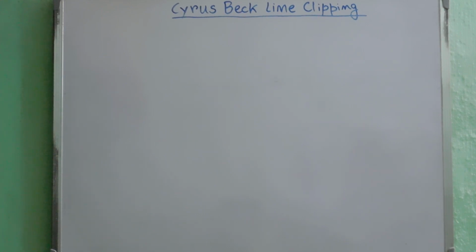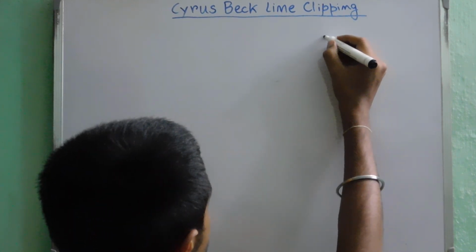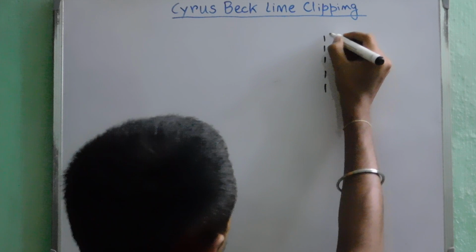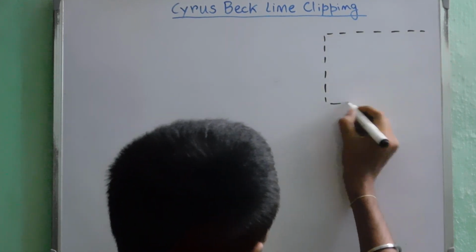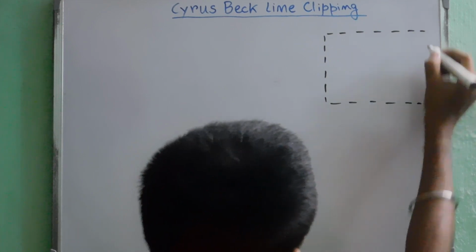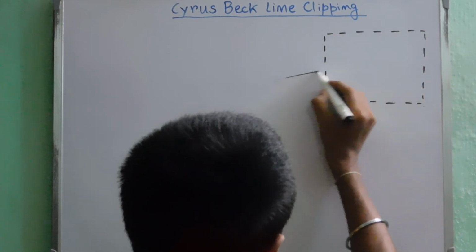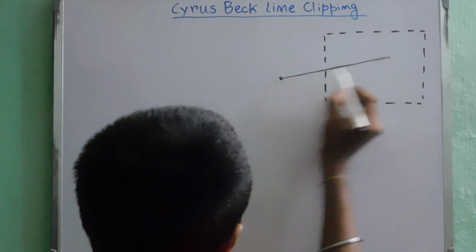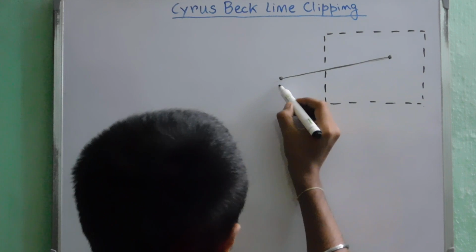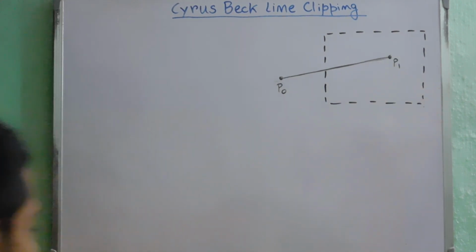So let's see. First of all, let's draw the window. If this is the rectangular window, then we have this line, and it's named as P0, P1.